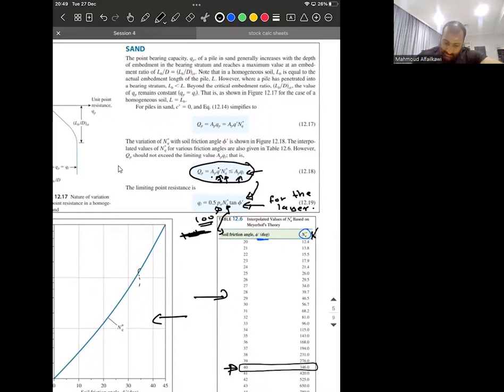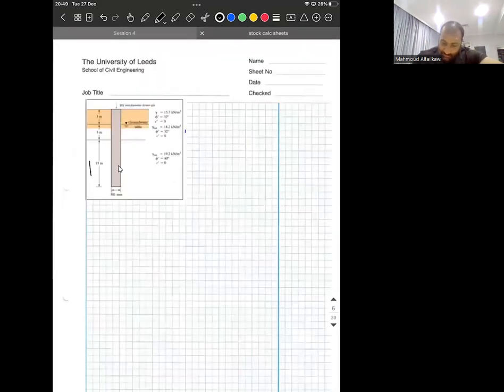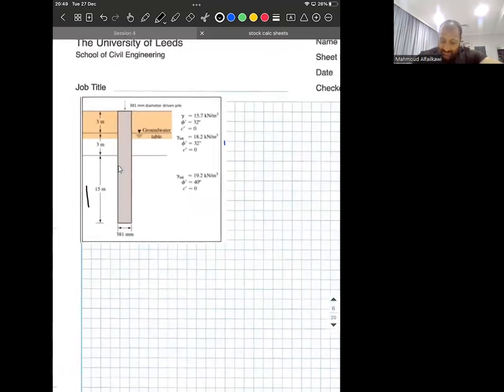Okay, we're going to go to the example now. We have a pile driven, a high displacement pile, so it's solid. The diameter is 0.381. He wants us to calculate Q allowable. So Q allowable equals QP plus QS over a factor of safety of 3.